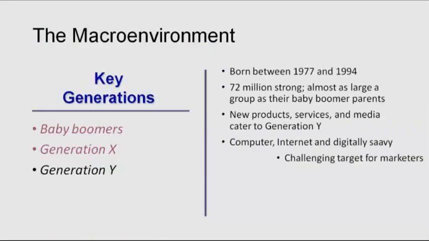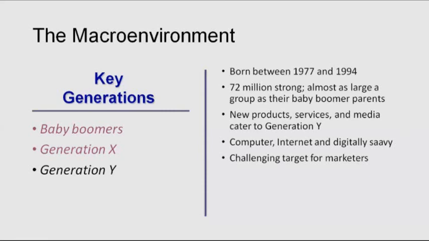Okay, last key generation class is the Generation Y. So they are born between 1977 up to 1994. 72 million strong, almost as large a group as their baby boomer parents. So in America class, they comprise 72 million people of their population.